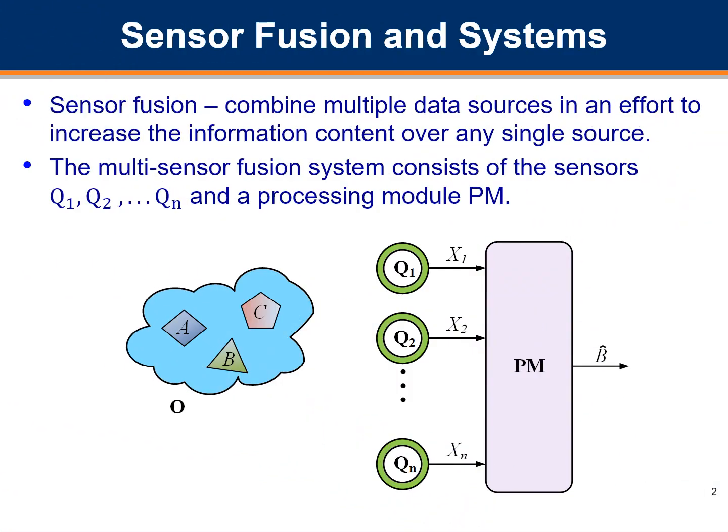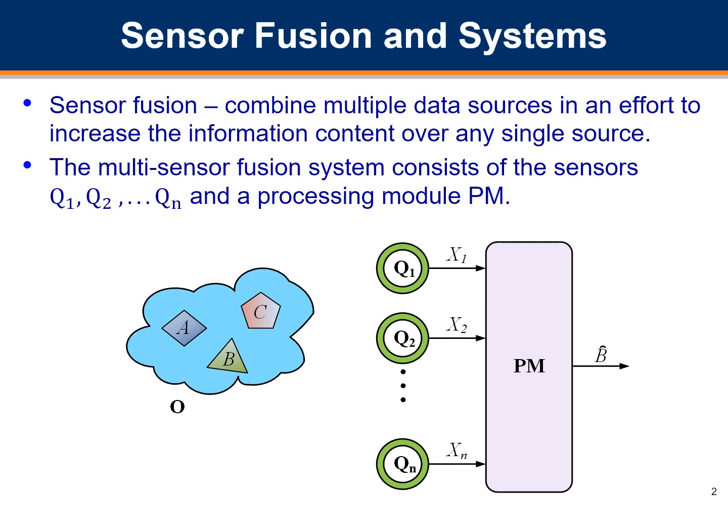Sensor fusion is a process that combines sensor data to obtain a result considered better than one obtained from the individual use of the sensors. The figure shows a simplified block diagram of a sensor fusion system.